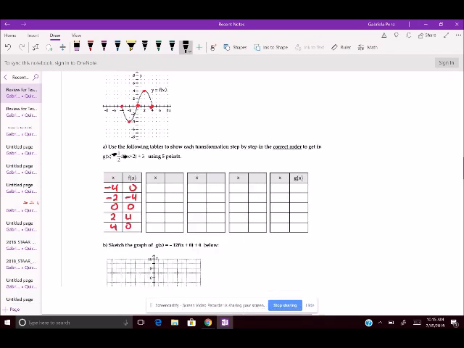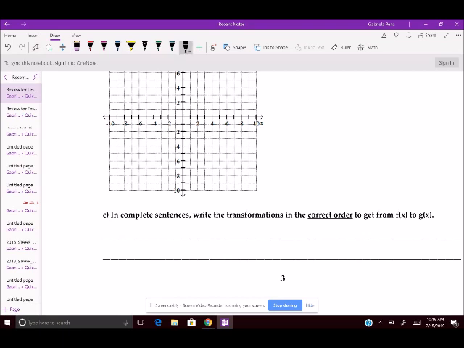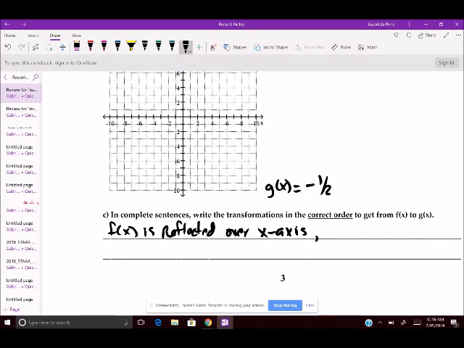So when you look at that, you already told me f of g is reflected over what axis? X-axis, right? So reflected, the half means shrunk by, you should say factor, but I'm not going to have enough room here.